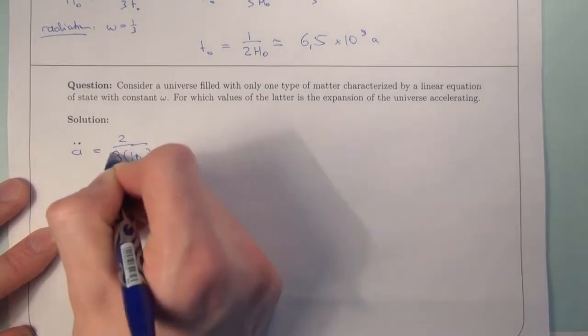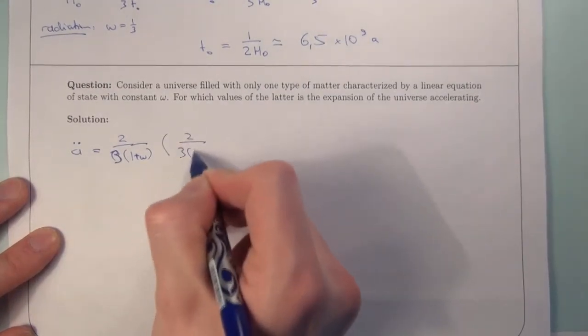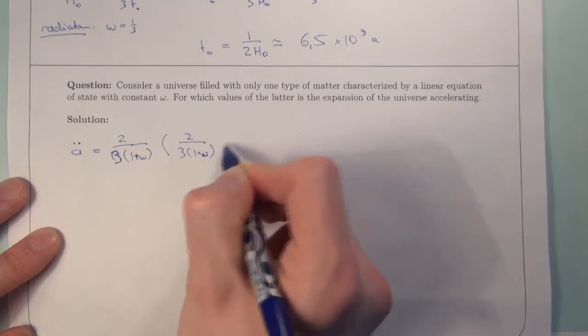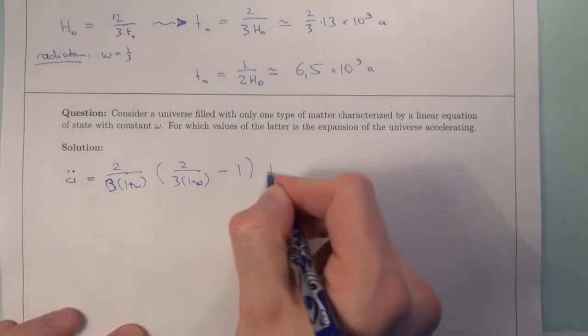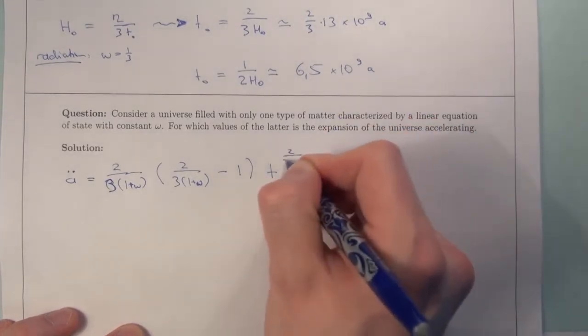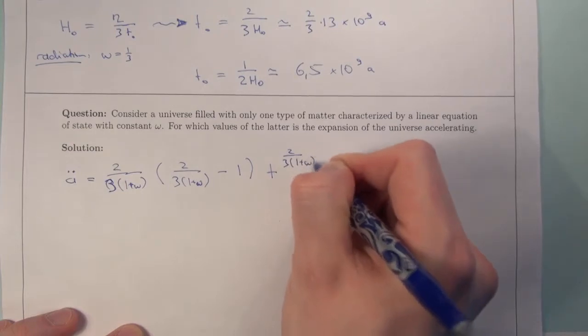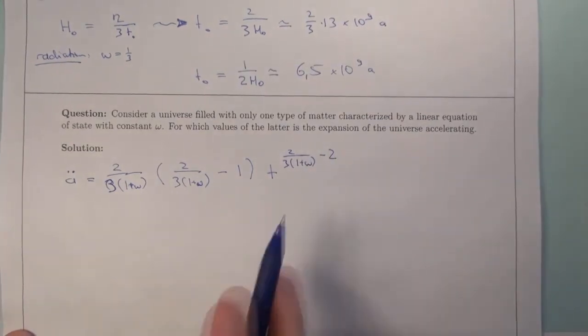That was the factor from the first derivative, and now we get another factor, which is this one minus 1, and in the exponent we have t to the, what is that, 2 over 3 times 1 plus omega minus 2 now. So that can easily be derived.